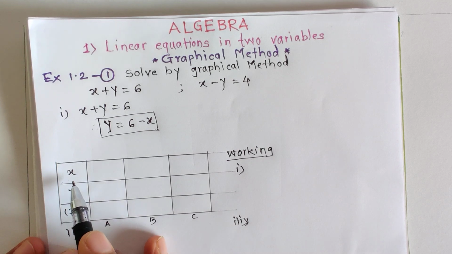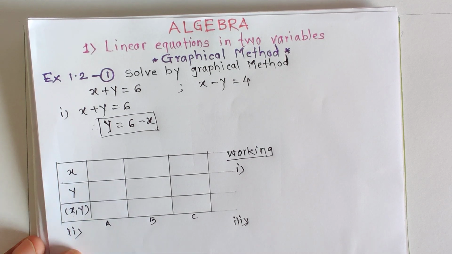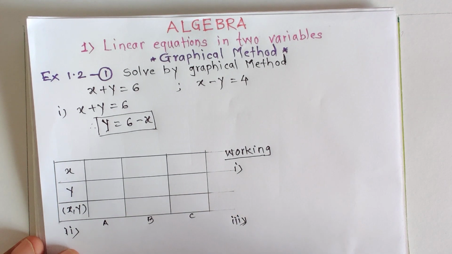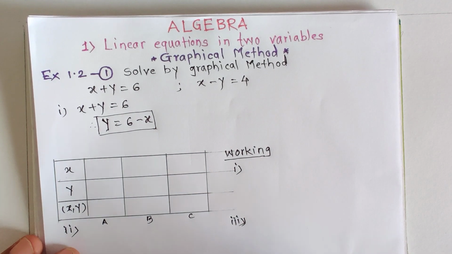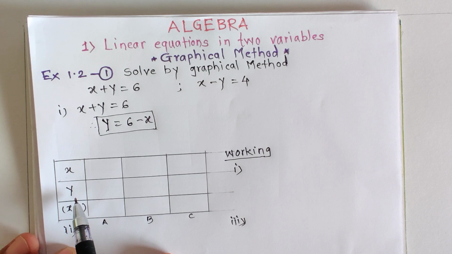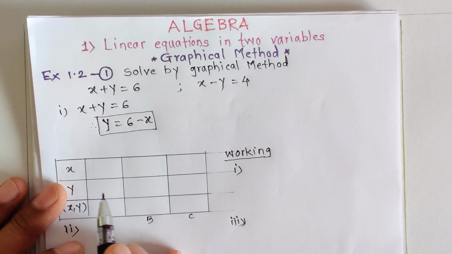But while selecting the values of x, remember one thing. Select the value of x in such a way that the value of y should be the smallest possible value. And second thing, it is not a fraction. So let us see how to work out.